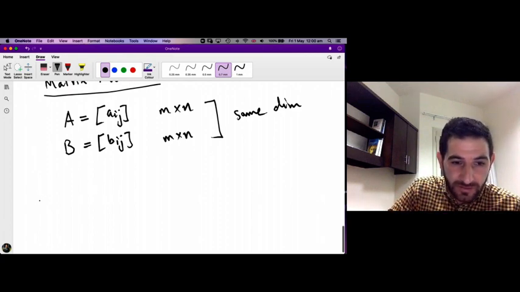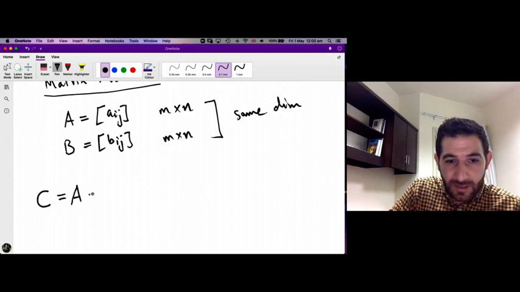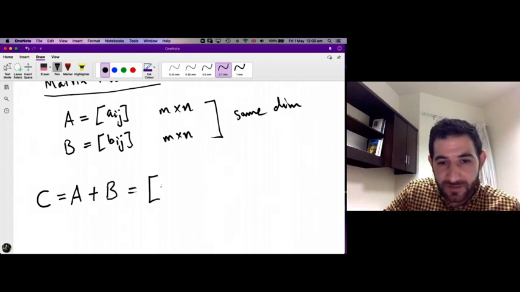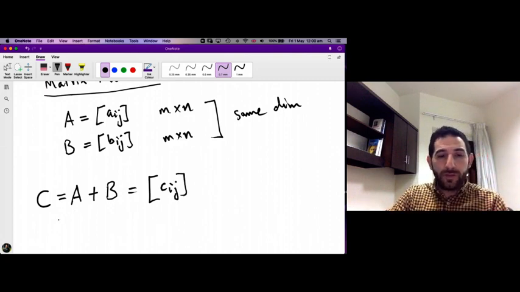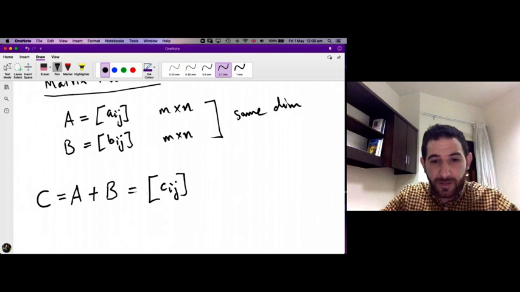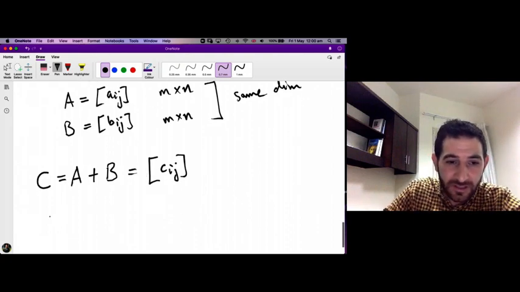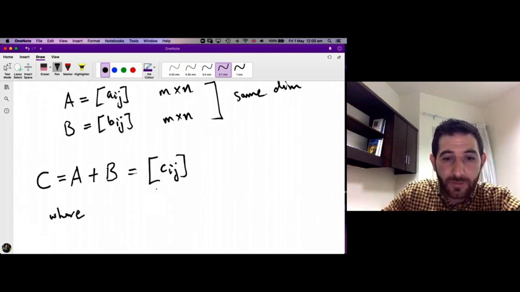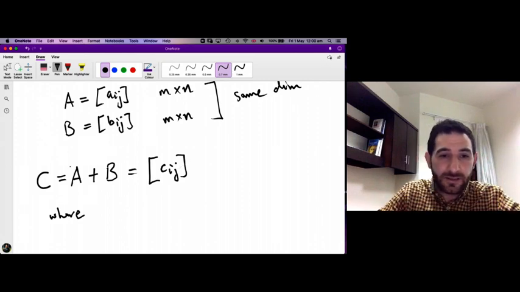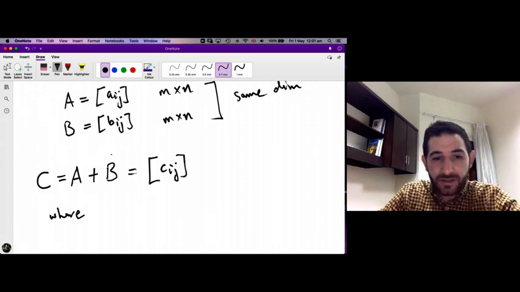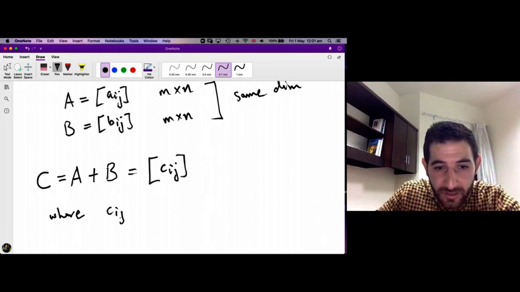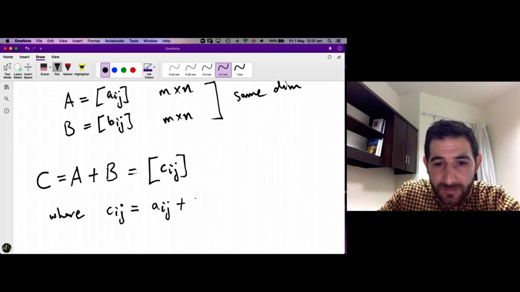So say we define the matrix C, where C is the matrix A plus the matrix B, and let's denote the entries of C by Cij. Now how do we know a matrix? By knowing its entries. So it remains to define the entry Cij, the entry in the sum which lies in the ith row and jth column, where Cij is equal to Aij plus Bij.